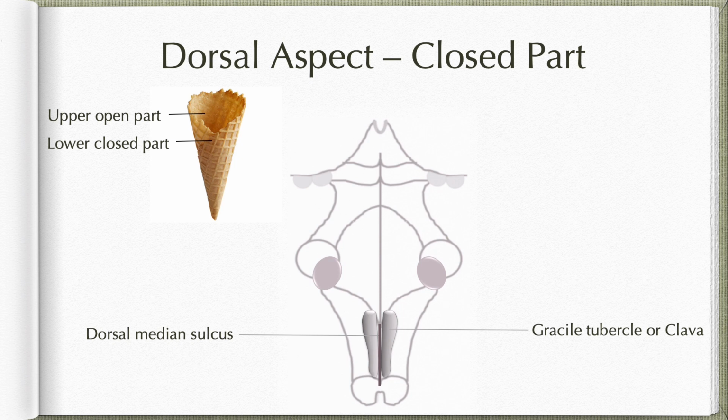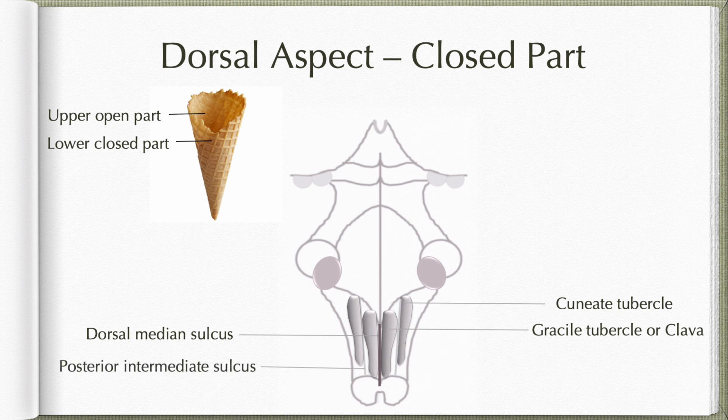Lateral to these gracile tubercles, we find a pair of cuneate tubercles, which again overlie the nucleus cuneatus, within which the fibers of the fasciculus cuneatus terminate. The gracile and the cuneate tubercles on either side are separated from each other by the posterior intermediate sulcus. Again, this sulcus continues with the same-named sulcus in the spinal cord.